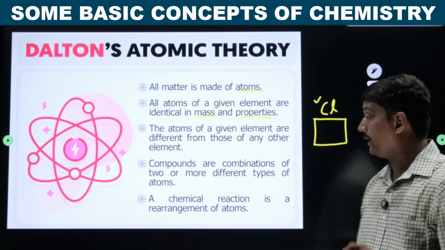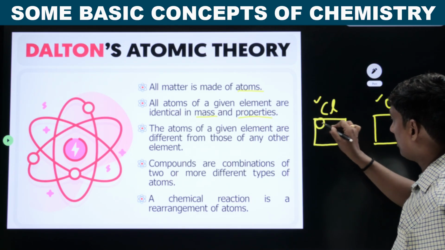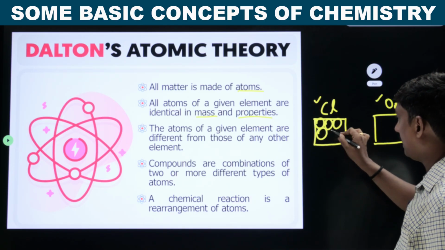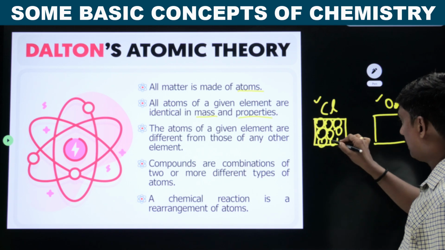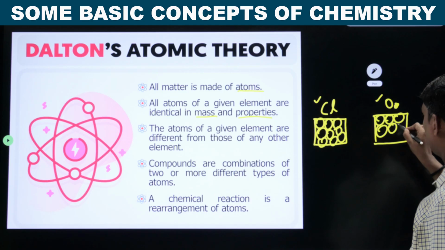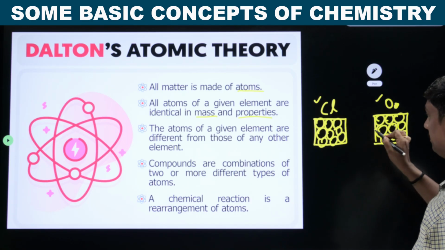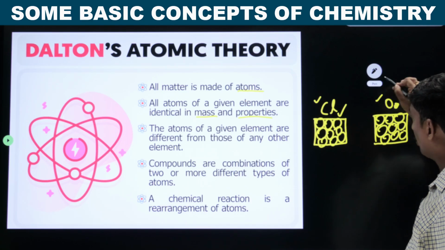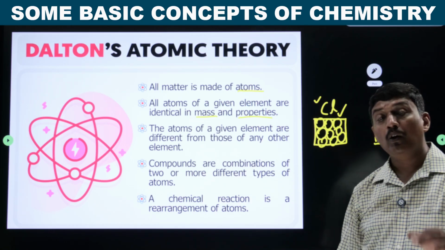But chlorine is made up of the same type of atoms, hence it is an element. Oxygen is made up of oxygen atoms, hence it is an element. But this is chlorine, this is oxygen. Why?